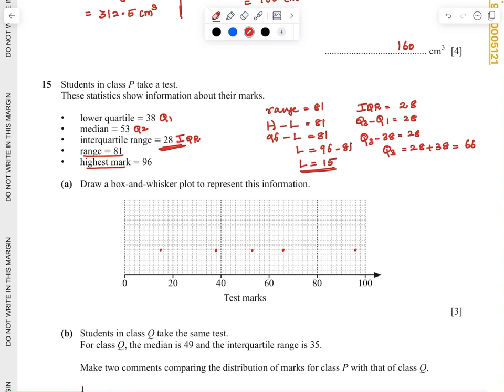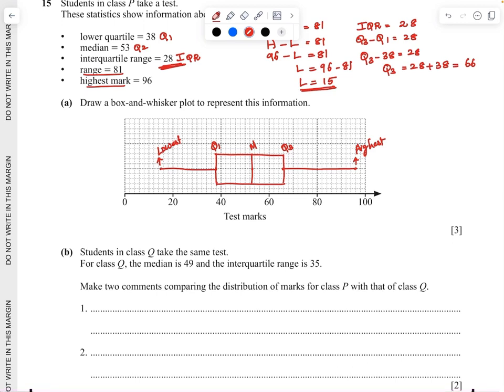Now that we have plotted all of these, let's connect them. And label. This is the lowest, and here is the highest. Q1, then the median, and Q3.